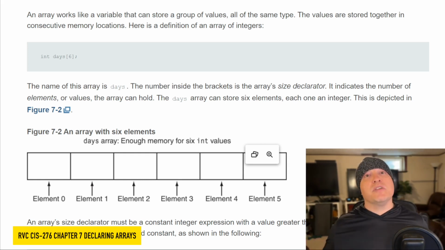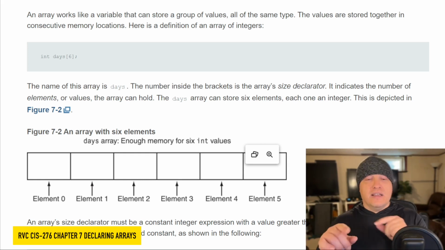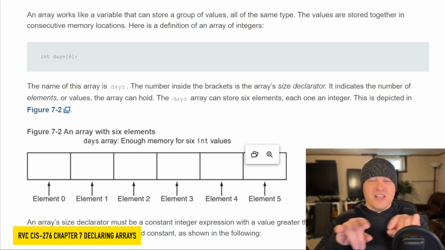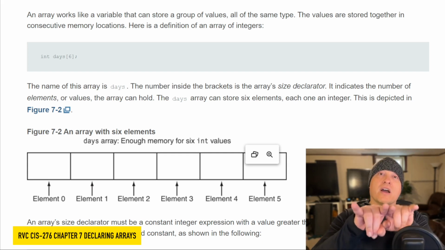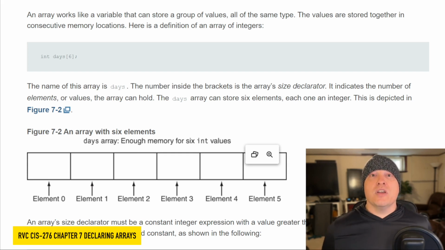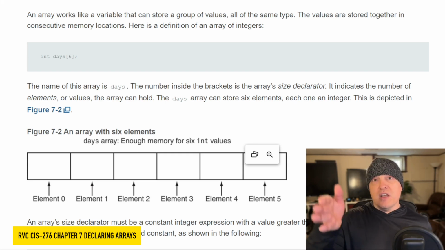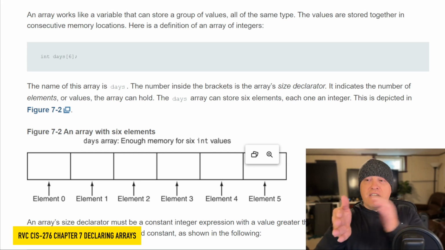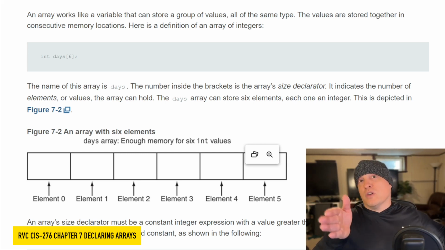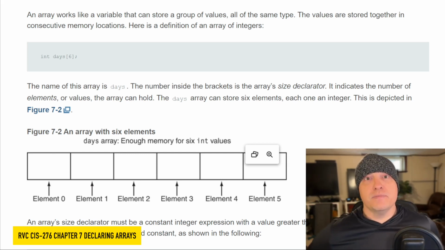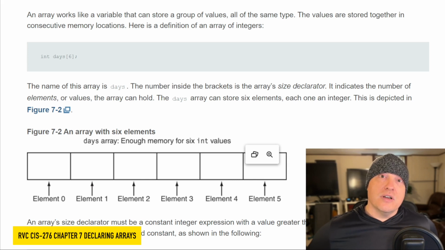So C++ will find a spot, not that it's that hard with integers, where 6 elements can go together contiguously. So start at a specific address location and keep going for 24 bytes of data, which isn't a lot, but it's certainly much easier than declaring 6 different integer variables that we have to name separately.